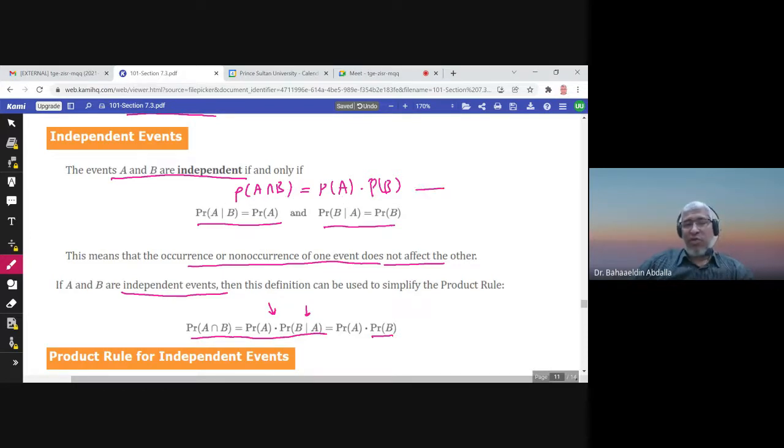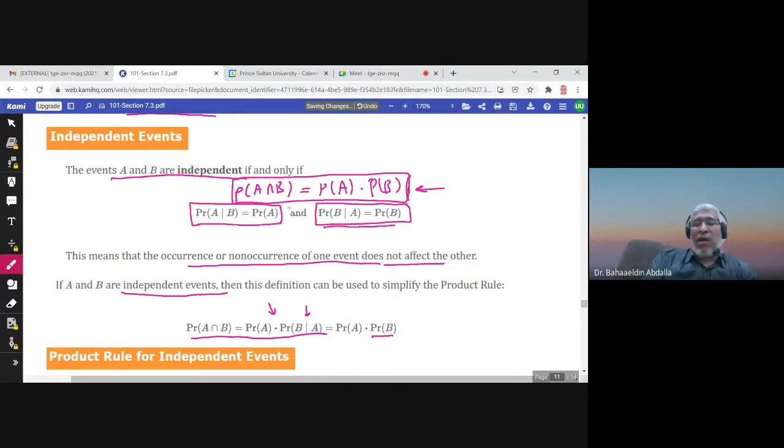So you can use this as definition of independence. Okay, so we have these three conditions. If any one of them is satisfied, this means that A and B are independent. And if A and B are independent, then all of these three are correct.